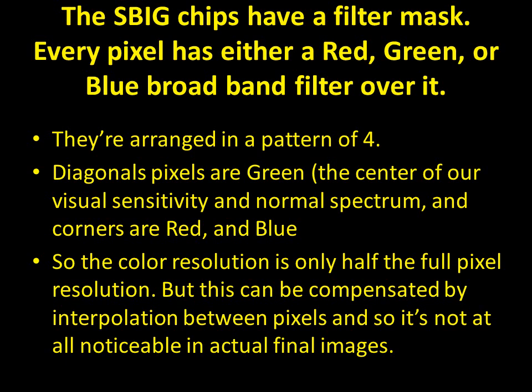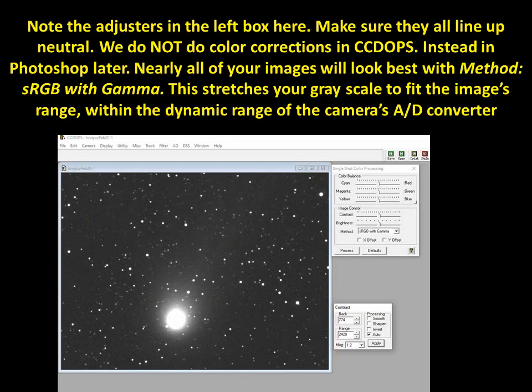And also what we do in the software is we interpolate between pixels. So it really isn't that it will look blocky in terms of color, which is what you might worry about. The color resolution is still the full resolution, but it's only because it's interpolated. You won't notice it. Trust me.